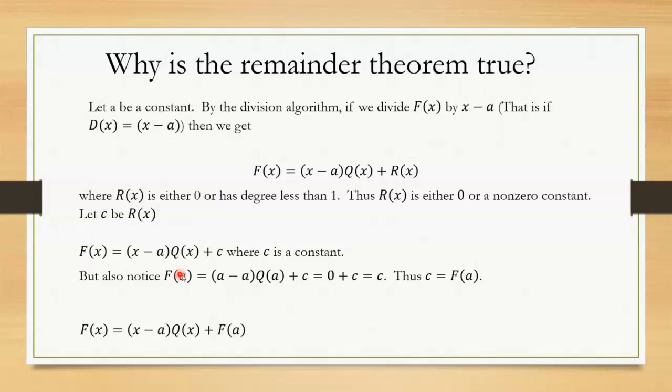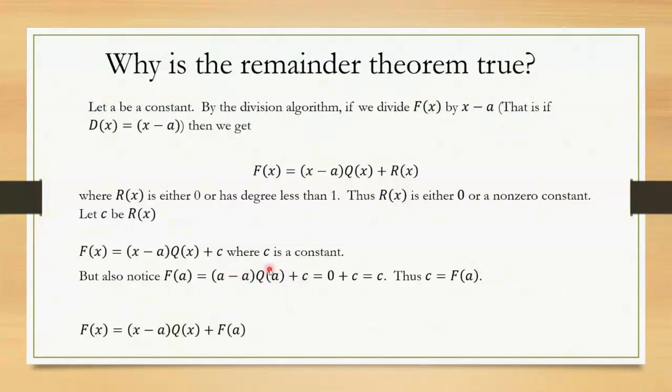So what we really get then is this. But we can actually figure out what this constant C is. As you can see, what I'm doing is I'm replacing x by a, right? So f of a has to be a minus a times q of a plus c.